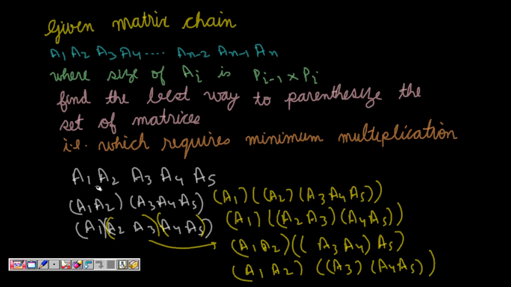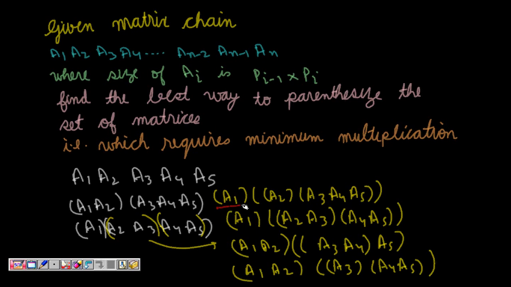So given, let's say, 5 matrices, we can parenthesize them like (A1, A2), then A3, A4, A5, and multiply together. Inside also, I can have A1 in one parenthesis, then A2, A3, A4, A5.